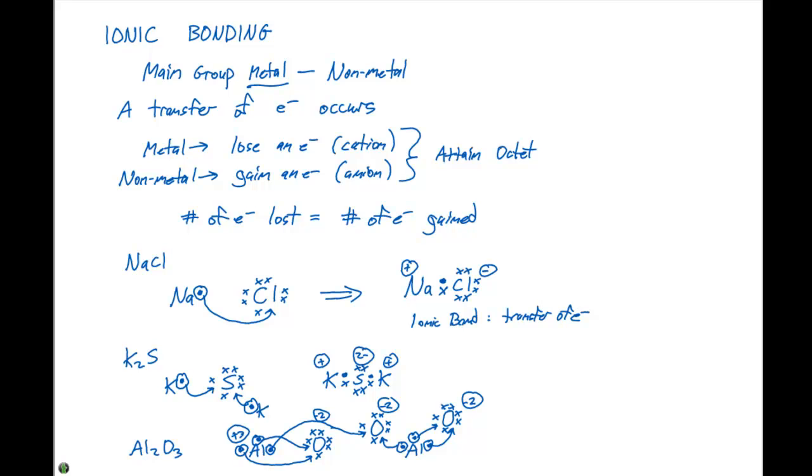So the Lewis symbols allow us to keep track and kind of do a bookkeeping of where these electrons are moving. And as a consequence, ionic bonds are very strong and give ionic compounds their characteristic properties.